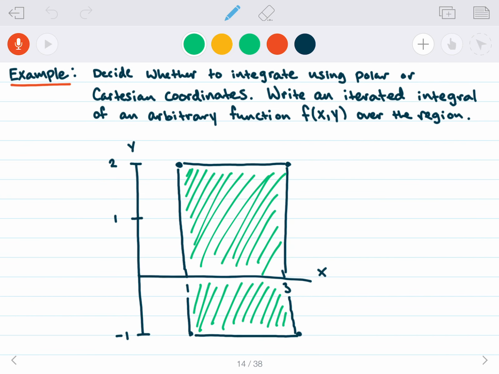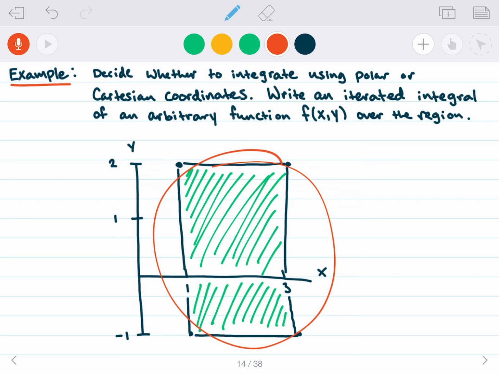Okay, so we want to decide whether to integrate using polar or Cartesian, aka rectangular coordinates. Write an iterated integral for an arbitrary function f of xy over the region. Okay, so here we have a region that we're integrating on.